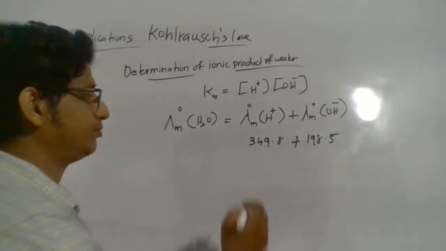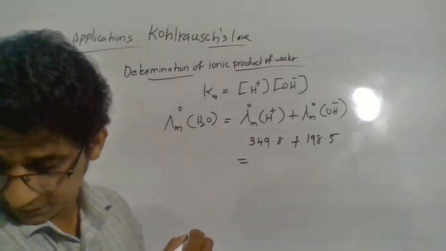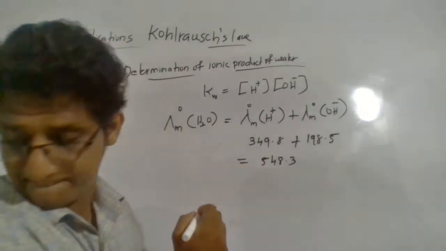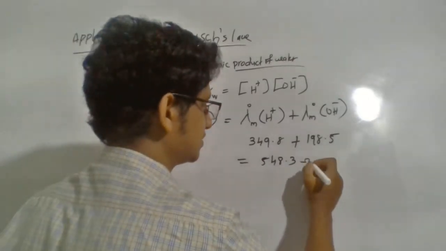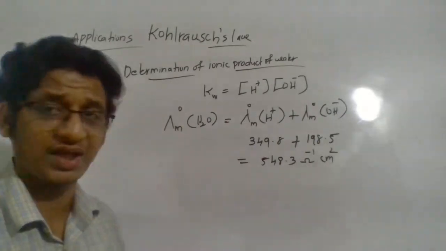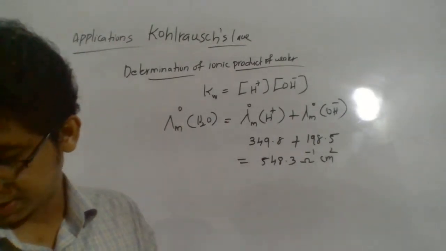So take the sum, you will get 548.3 ohm inverse centimeter square. This is the value of molar conductivity of water at infinite dilution.